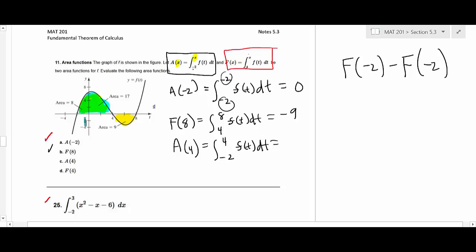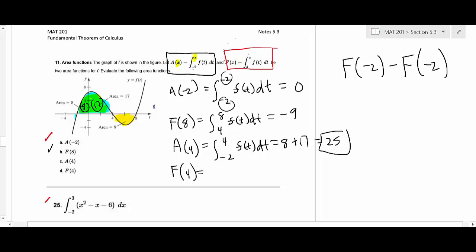If I'm interpreting this right, the area from here to here is 8, and the area from here to here is 17. So we would just do 8 plus 17 to get 25. That's it. Then the last one, we got f of 4.